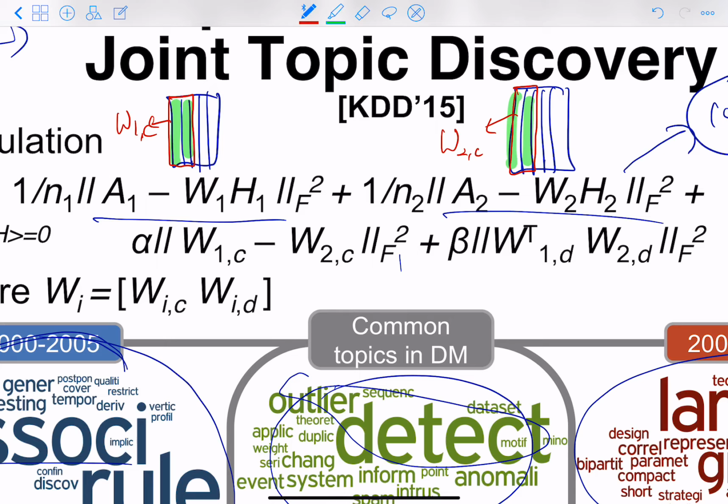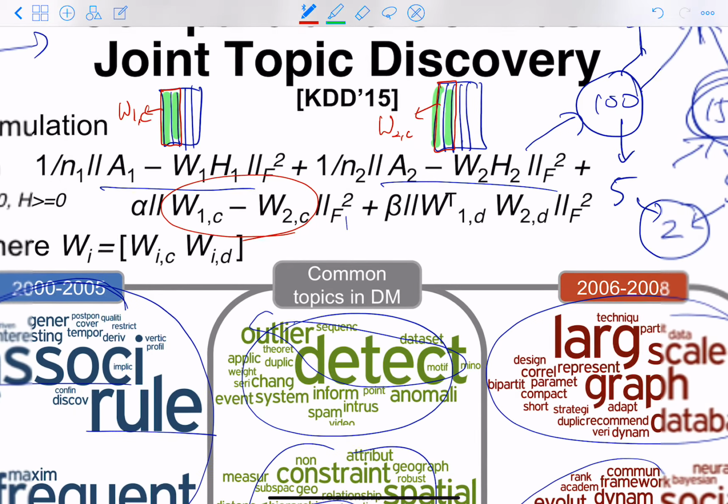Then we can simply give this Frobenius norm in terms of their differences. That's how we can impose those 2 columns of the first and the second topic matrix to be close to each other. So this is another regularization to obtain common topics.